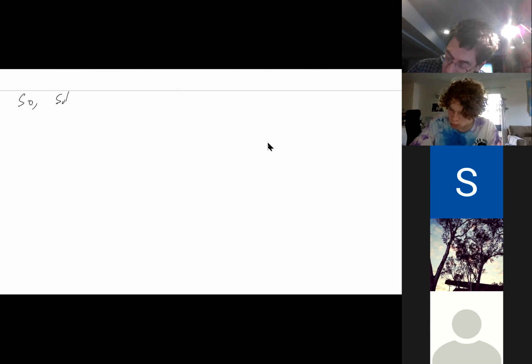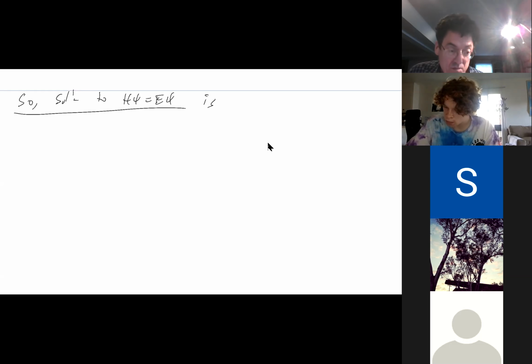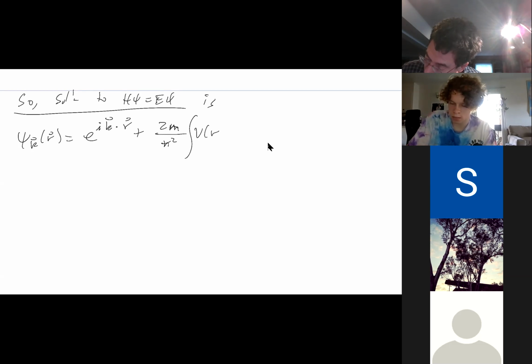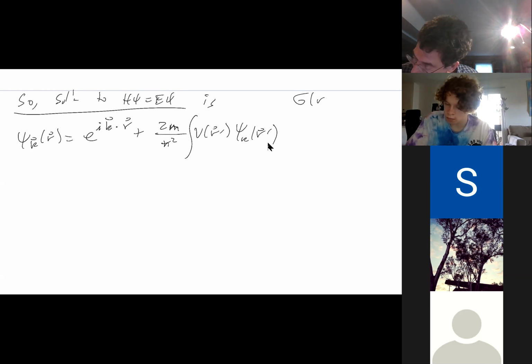The solution to the Schrodinger equation is this: psi k of r is equal to a plane wave plus 2m over h bar squared times the integral of V of r prime psi k of r prime times the Green's function, and the Green's function is going to be this thing.